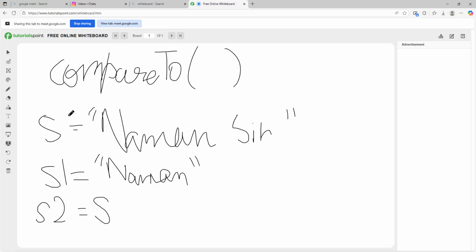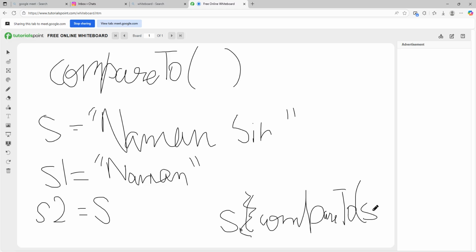Now let's say we use the compareTo function and we compare s.compareTo(s2). Both s and s2 are the same, "naman sir".